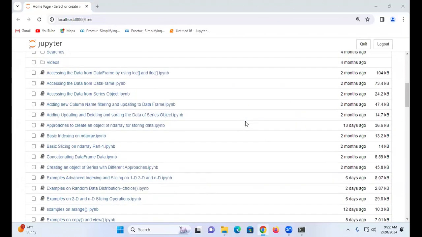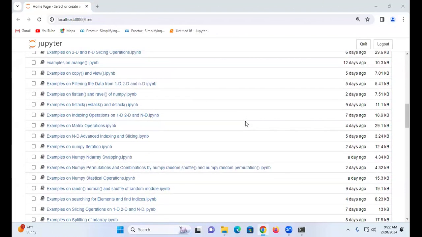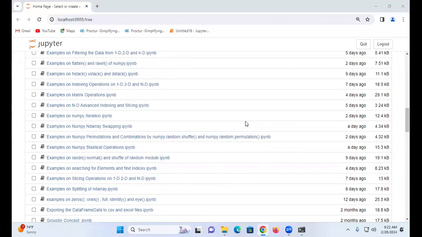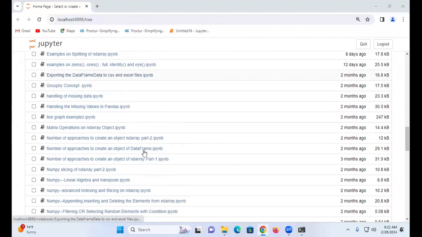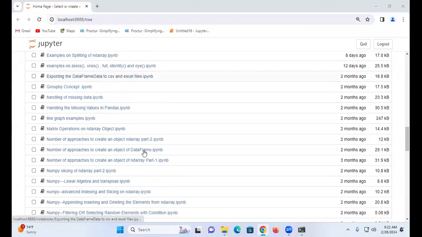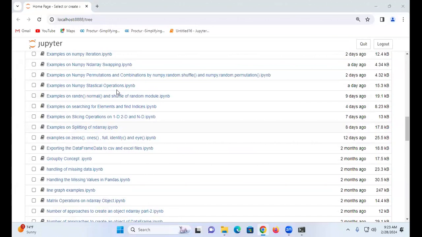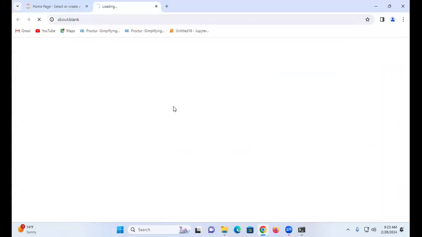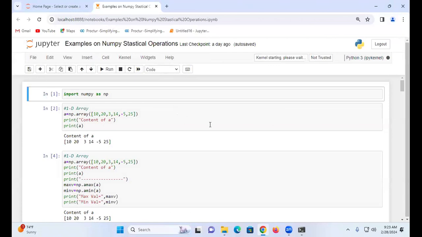Examples on statistical operations. This part we did in the last class.